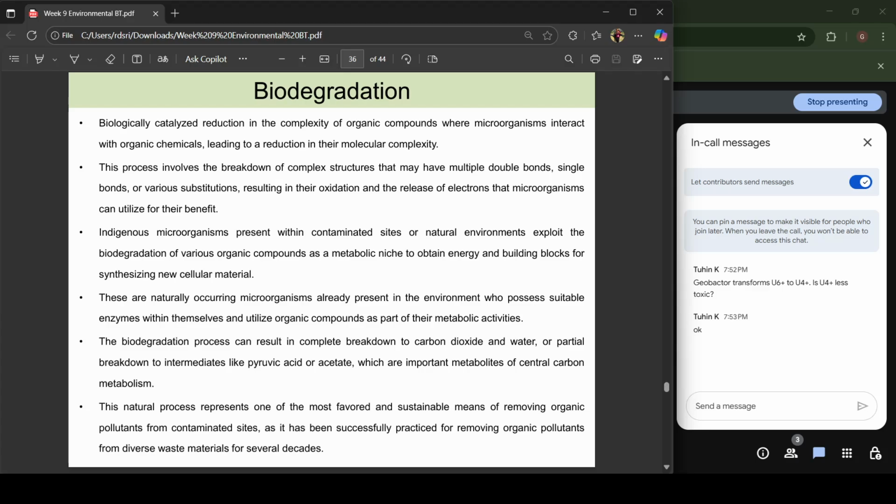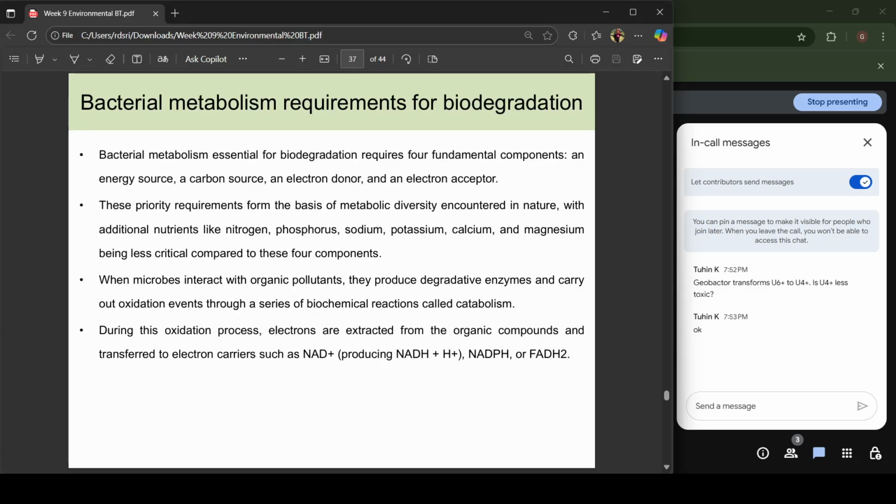So the biodegradation process can either result in complete breakdown, or it can lead to a biotransformation kind of process. The metabolic requirements for biodegradation are an energy source, carbon source, electron donor, and electron acceptors. These requirements form the basis of metabolic diversity encountered in nature.